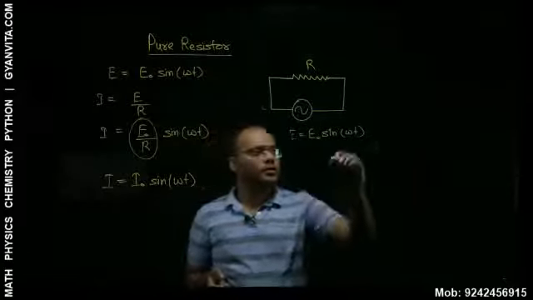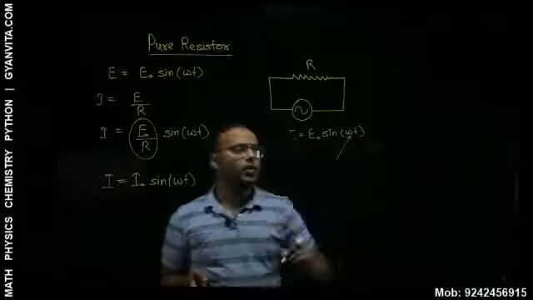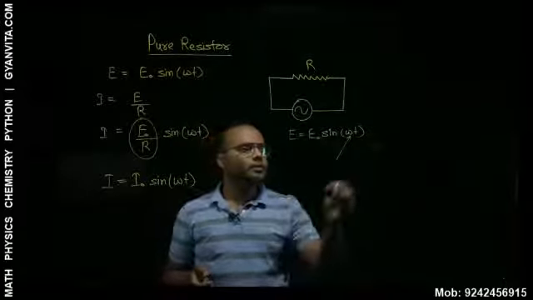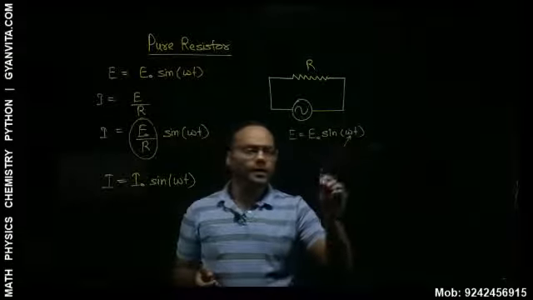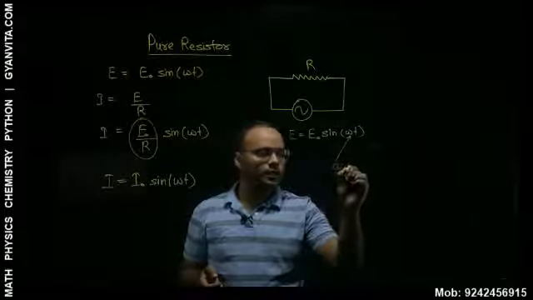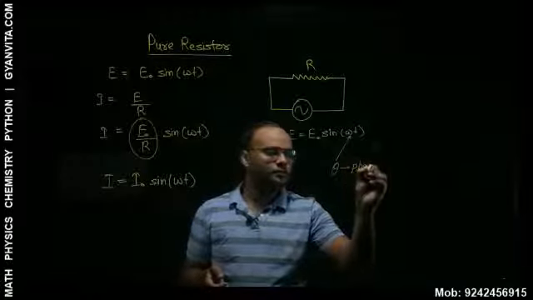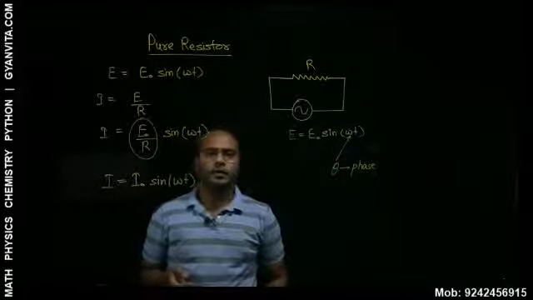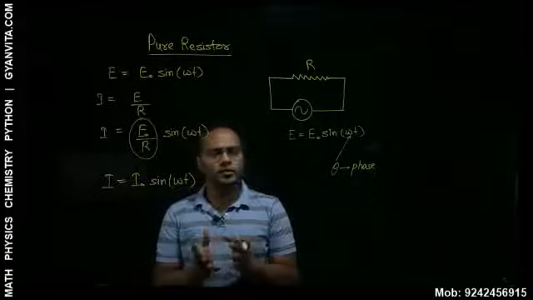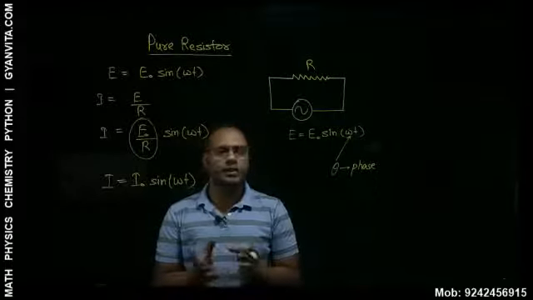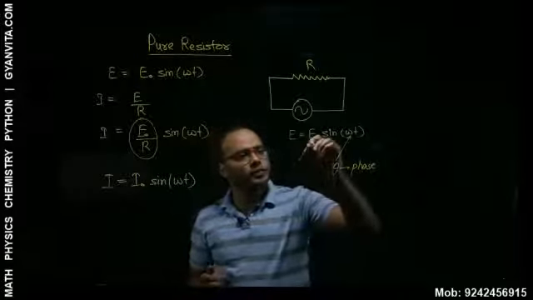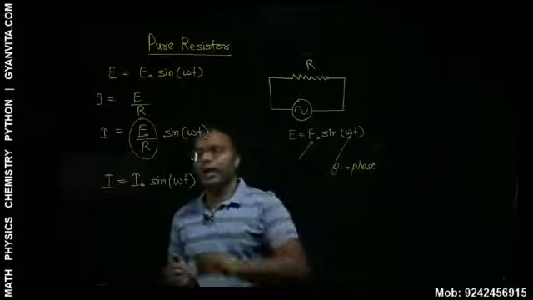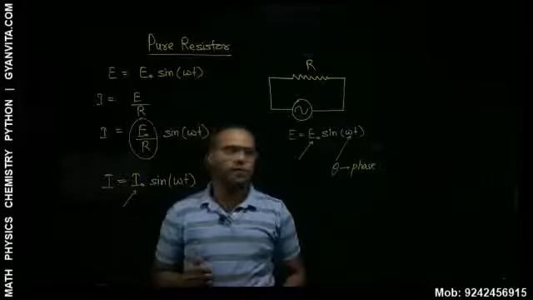Now here, this omega t which we see here, which was theta, omega is angular frequency, omega t is theta. So this is theta, and this is also called phase, right? Phase means the condition or situation or the state. See, this E naught is not going to change. I naught is not going to change. What will change?